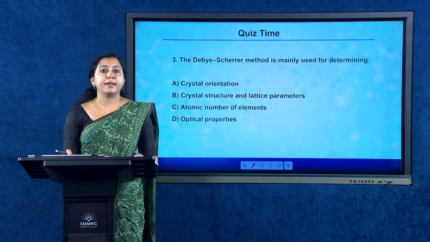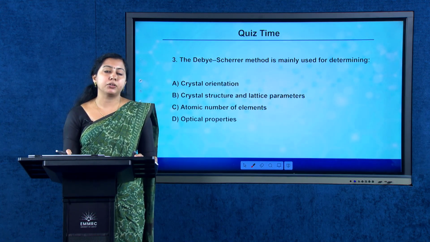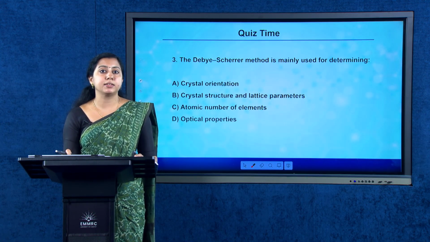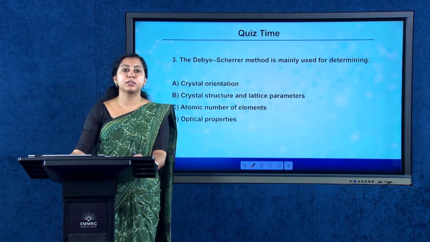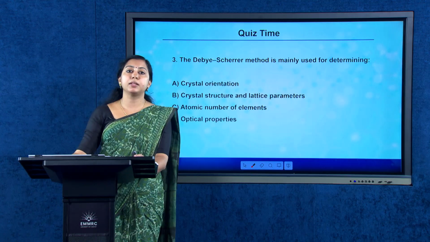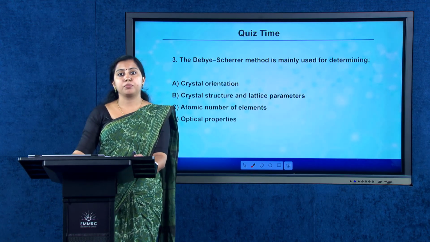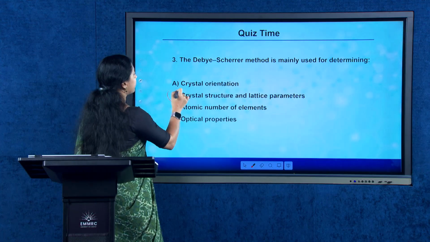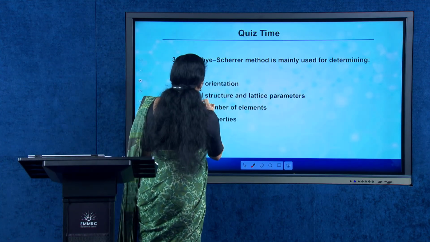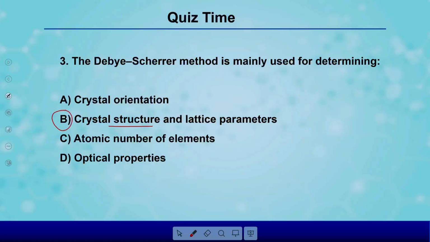Both X-ray diffraction techniques, namely the rotating crystal method as well as the powder method or Debye-Scherrer method, are mainly used for identifying the unknown crystal structures as well as determining the lattice parameters. So, here the correct option is option B, that is used for determining crystal structure as well as the lattice parameters.